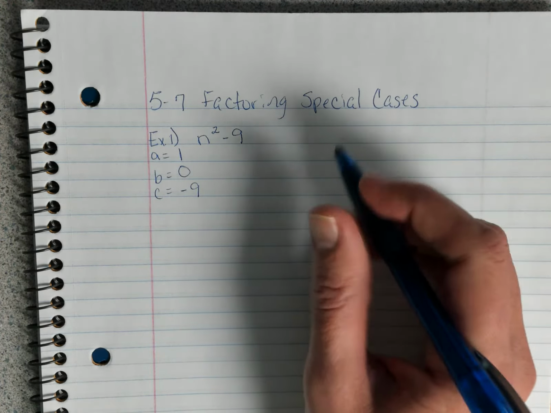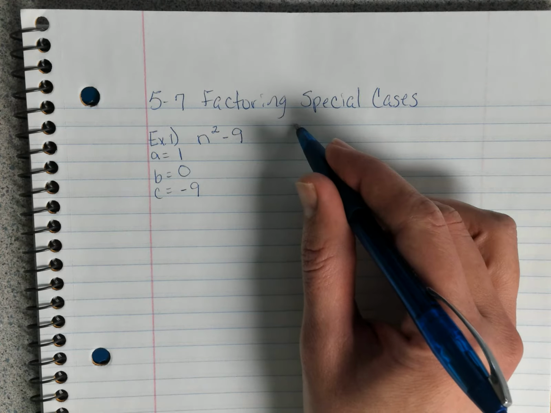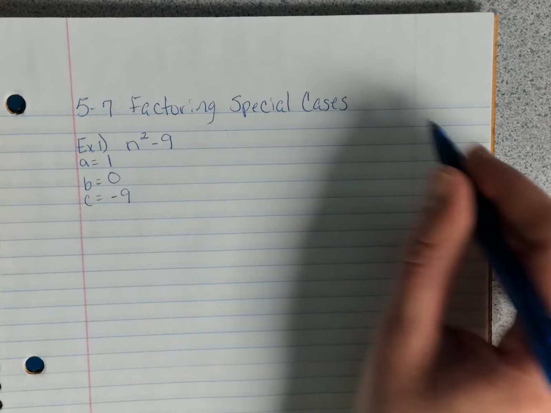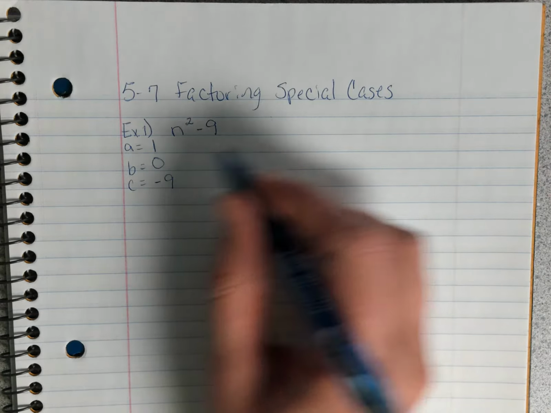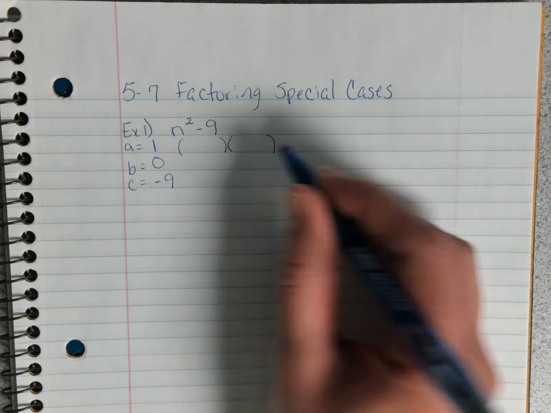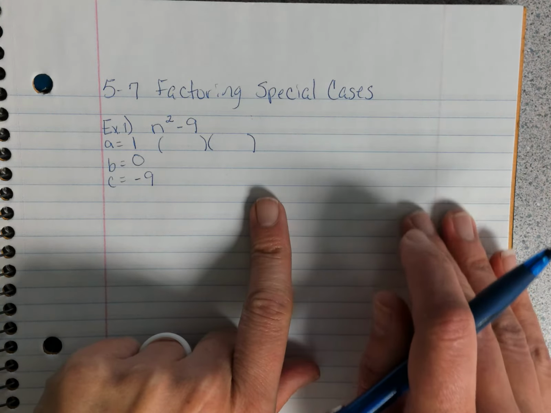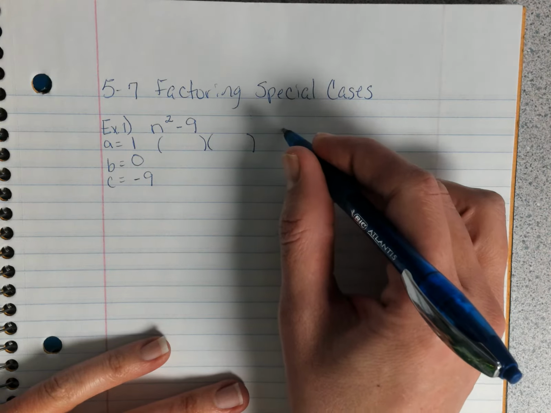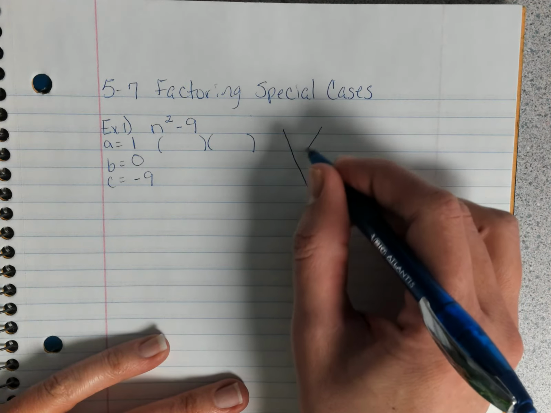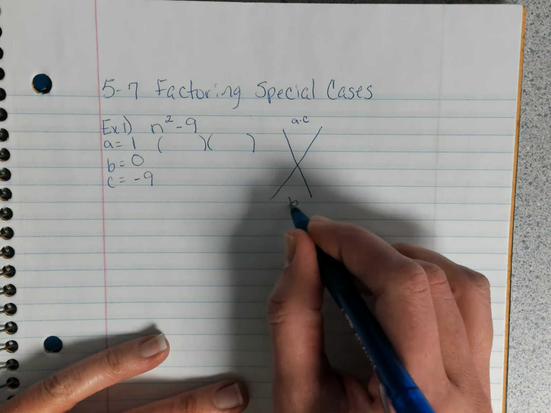So when you do the AC method, I'm going to make some room because I'm going to do some work over here. So let's first do this. And I'm going to put the AC diagram here to leave some room for the shortcut. So A times C is on top, B is on the bottom.